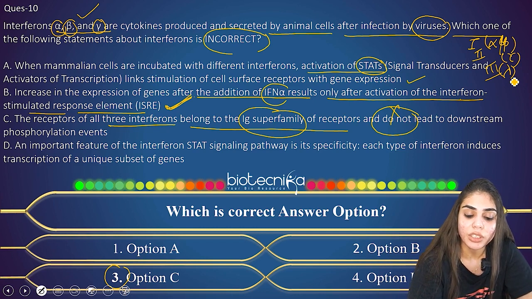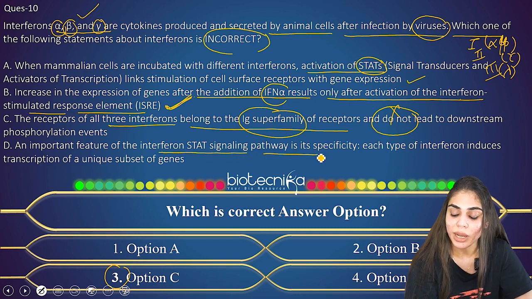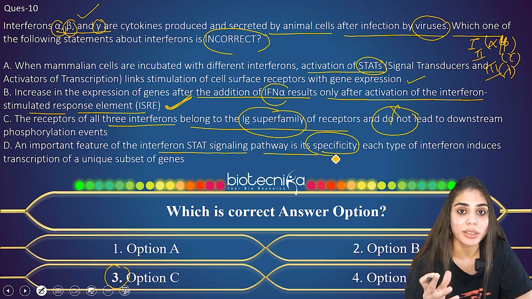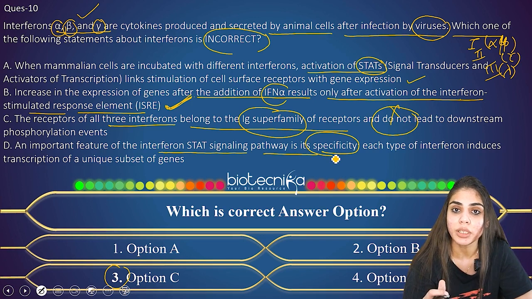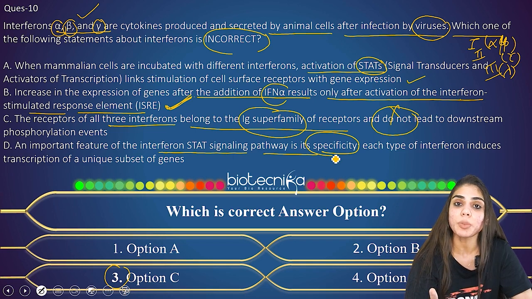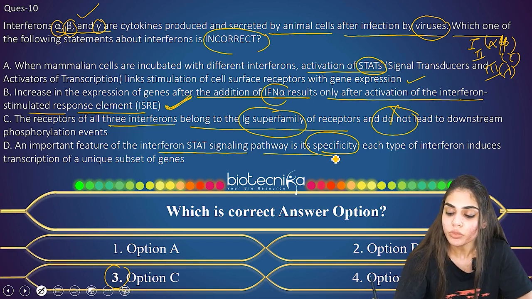So an important feature of the interferon STAT signaling pathway is its specificity, because different proteins are formed. Type 1 and type 3 form similar proteins, but type 2 interferon, which includes interferon gamma, forms some different proteins. So different protein expression is taking place with the help of the type 2 interferon family.